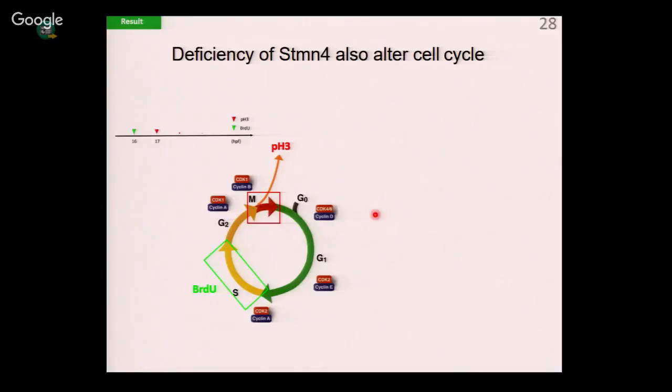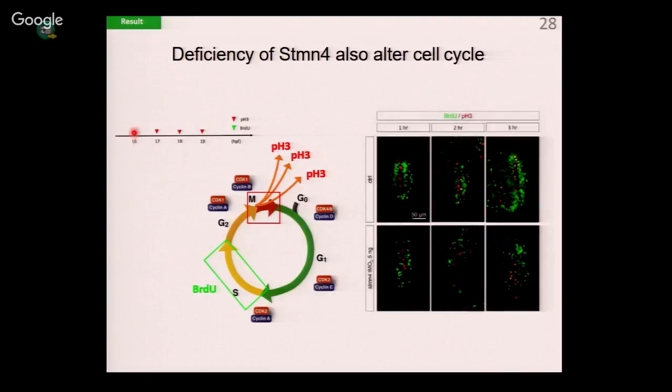For example, they incubated pH3 in one group of embryos at 17 hours post-fertilization, which is 1 hour after the incubation of BrdU, and we harvest the result at the first line, as we show here.